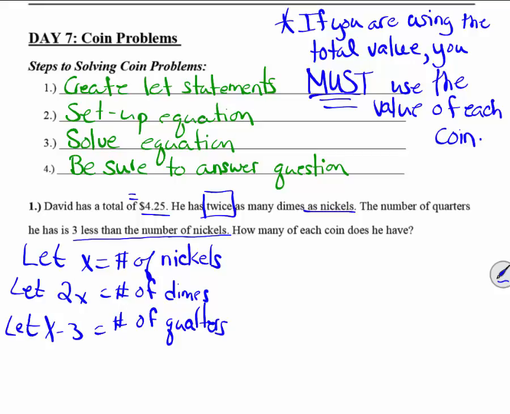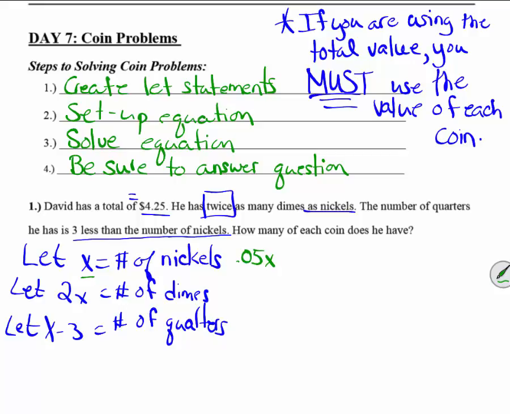But what those let statements are telling us is how many coins we have. It's not saying how much those are worth, because nickels, dimes, and quarters are not worth the same amount of money. So when we go to add these up, we can't just add up x, 2x, and x minus 3. We have to include how much they're worth. So x has to be multiplied by 0.05 because each nickel is worth 5 cents.